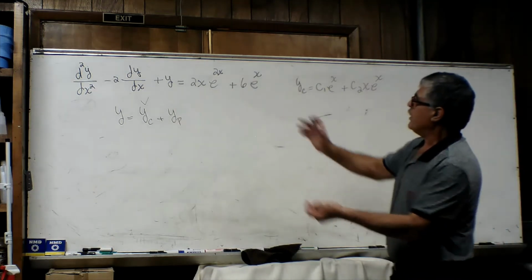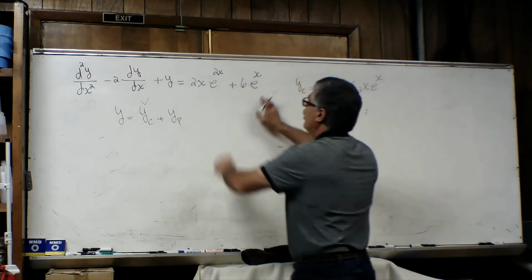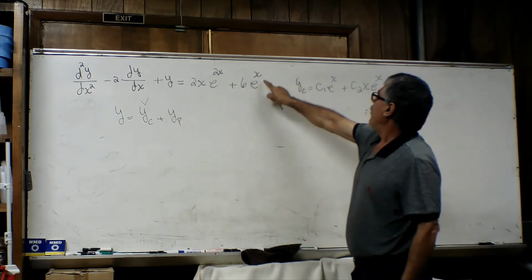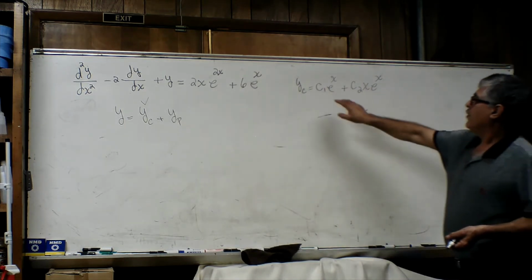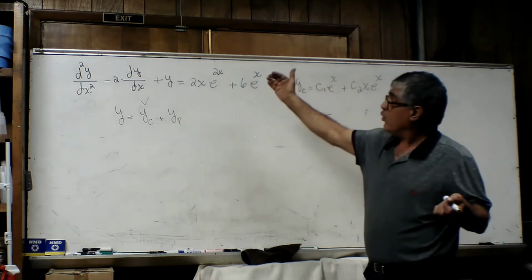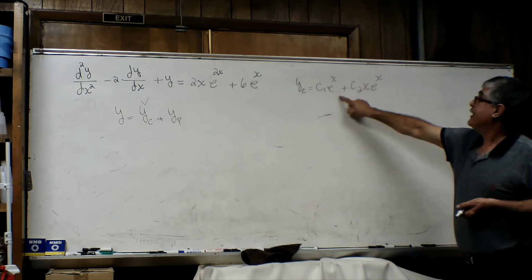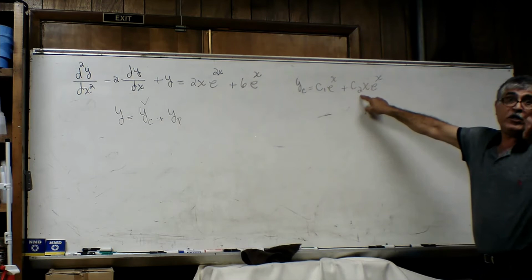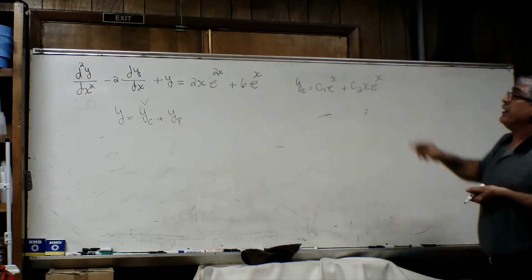Okay, now let's look at the non-homogeneous portion. We are having e to power x, but already we have a repeated solution in our homogeneous portion. We are having e to power x, and we have again a repeated root c2 x e to power x.